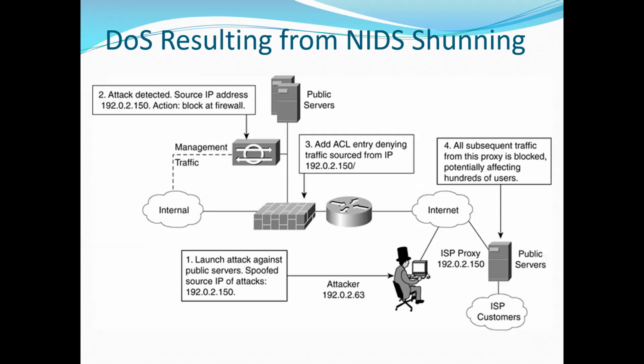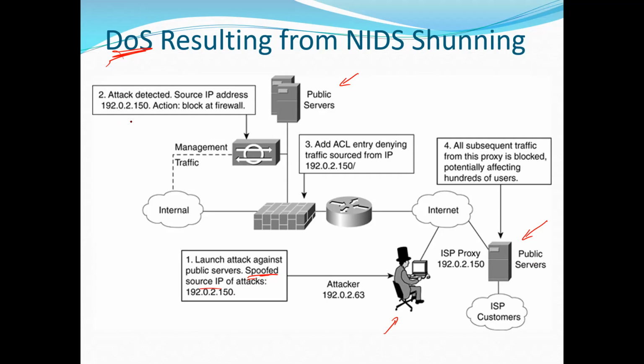But even that, as I was saying, could be exploited by an attacker to create a denial of service attack, right? So for instance, here we look at the same scenario. We launch the attack against the same set of public servers, but this time we spoof the packet. So you spoof the source IP, and the source IP is no longer the attacker's 0.63, but maybe some other good one, 0.2150.